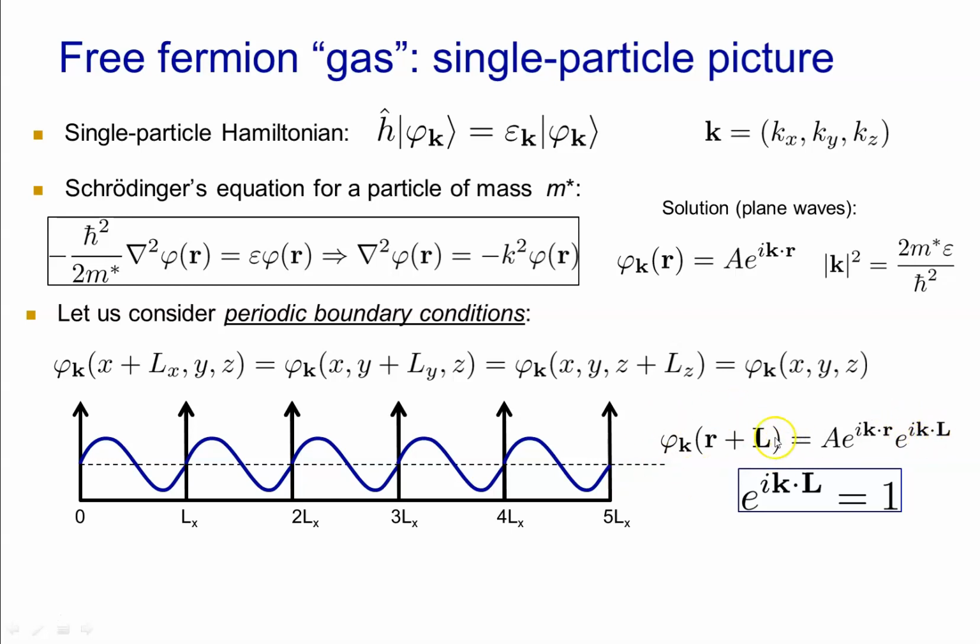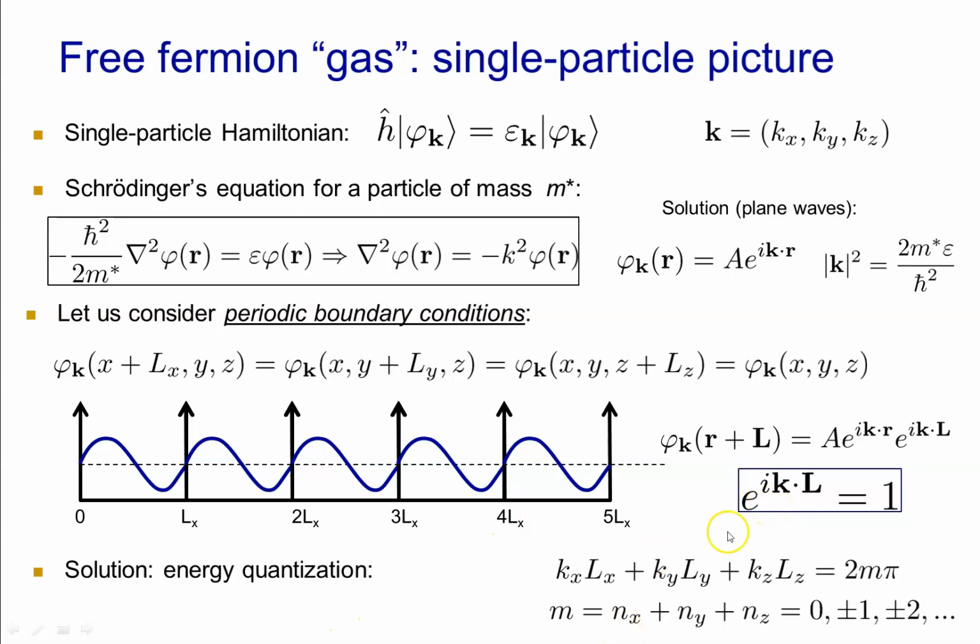So if I want to impose that this function is equal to phi of k at position R, this extra phase has to be 1. And if this extra phase is 1, then our values of k, kx, ky, and kz, they have to be quantized, such that the sum of kx Lx plus ky Ly plus kz Lz has to be an integer times 2 pi, right? Meaning that we have 3 indices here.